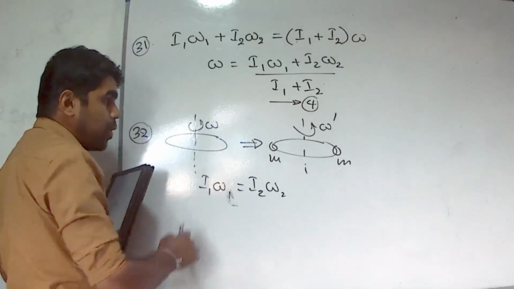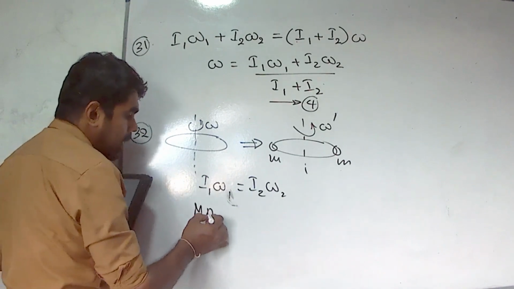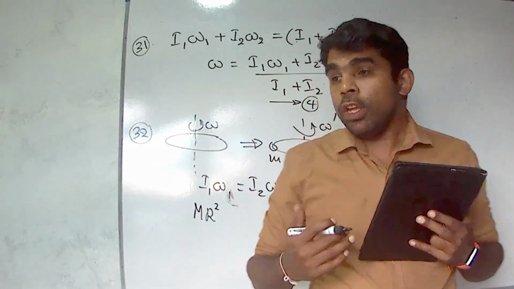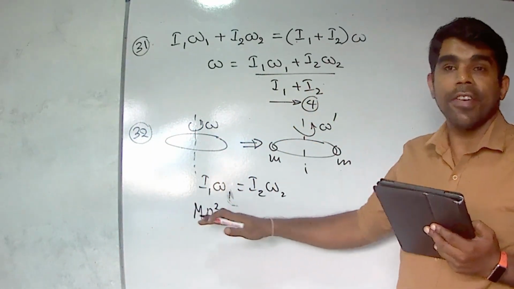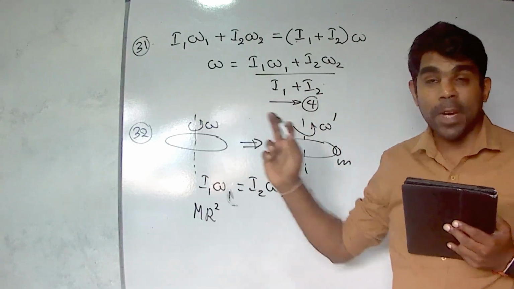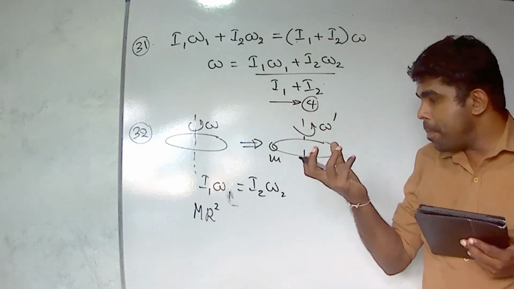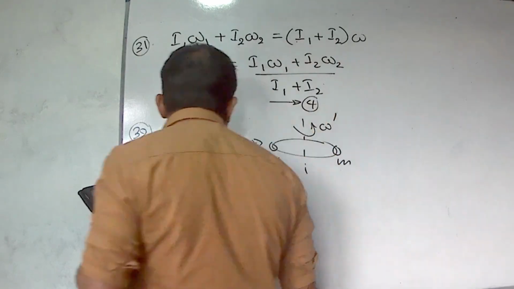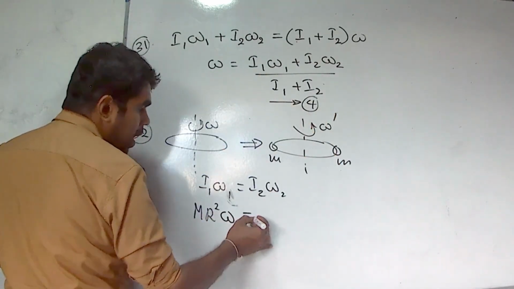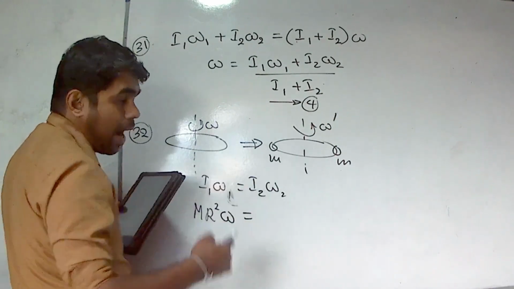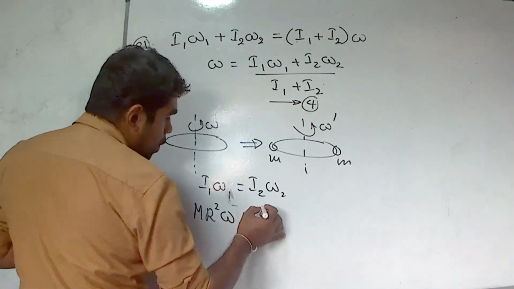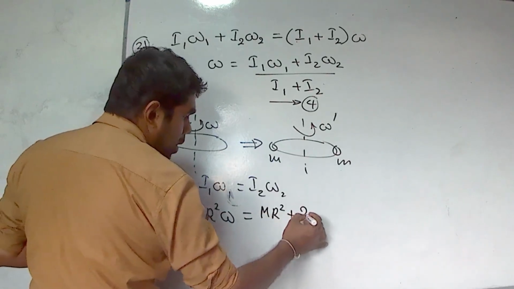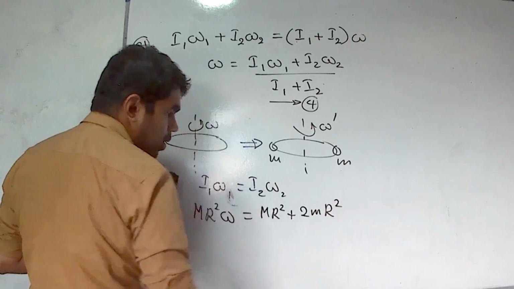Then the I1 value is MR squared. We know that if the mass is capital M and the radius of the ring is capital R, then the moment of inertia of the ring is MR squared, into initial angular velocity omega, should be equal to, when getting final moment of inertia, we have to add MR squared and 2 times small m r squared.